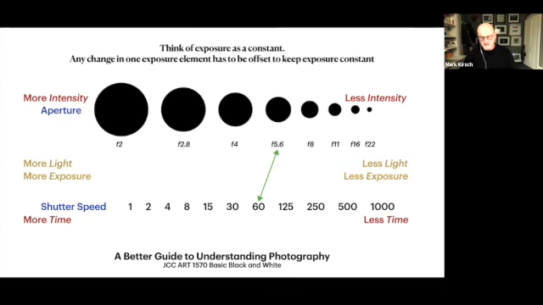And so instead of a 60th of a second, I decide that I want to use 1/500th of a second. So I turn my shutter speed from 60, click to 125, click to 250, click to 500.